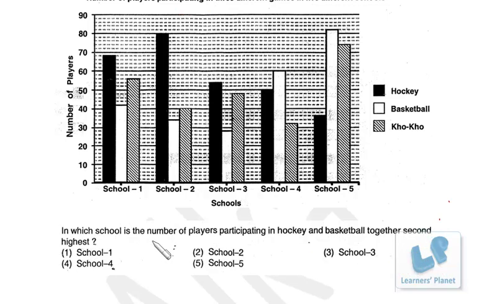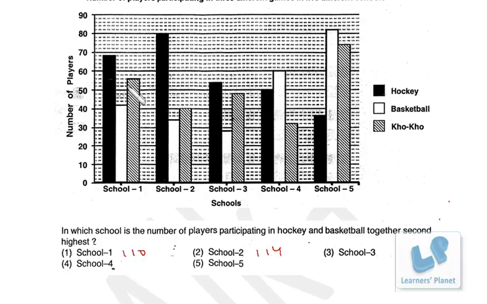Now, in which school is the number of players participating in hockey and basketball together second highest? So, quickly we add up. Here it is 68 plus 42, so that is 110. Then in school 2, it is 80 plus 34.